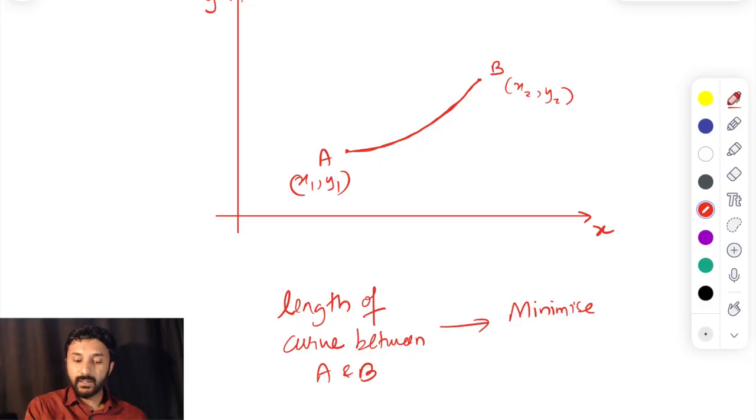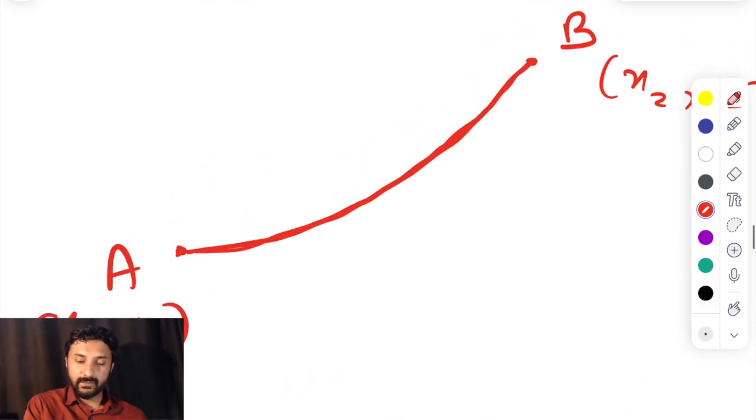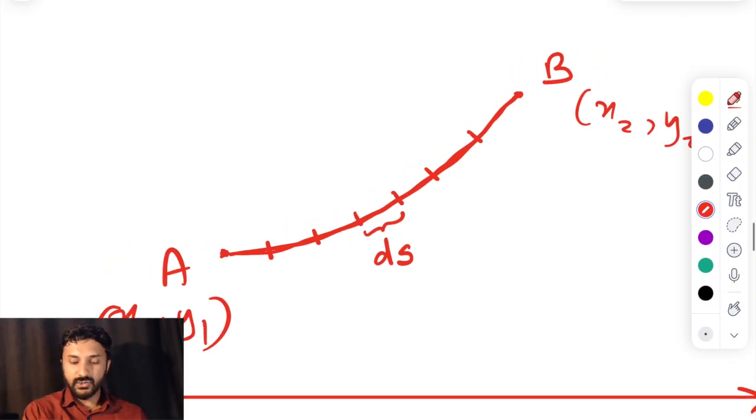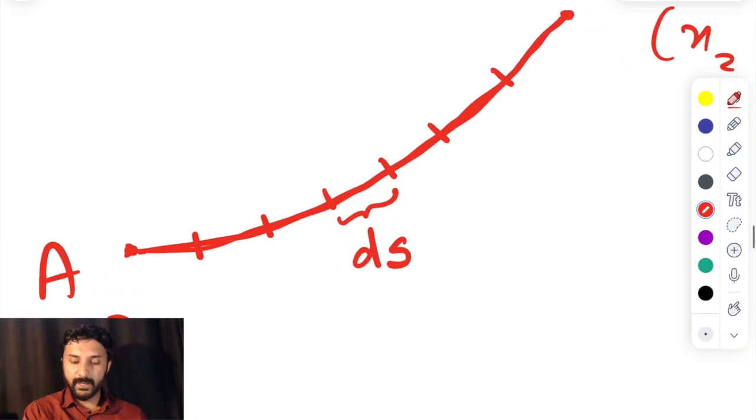So firstly, we would like to break this entire path into small lengths, where each length is of magnitude ds, so that when you add all these ds's, you get the entire length from A to B. So what would any small patch of this ds look like?